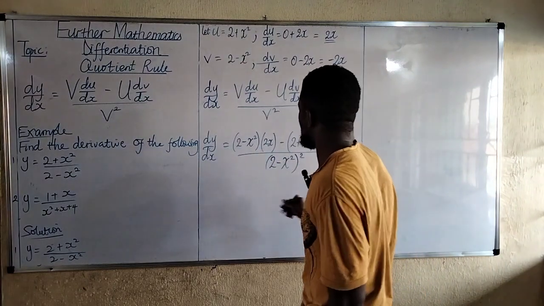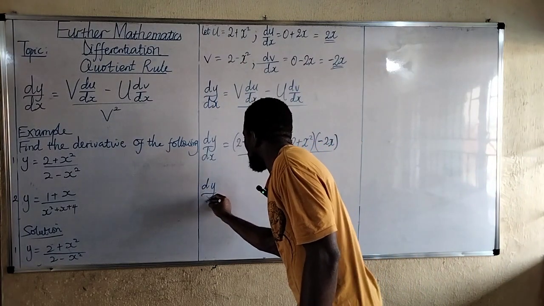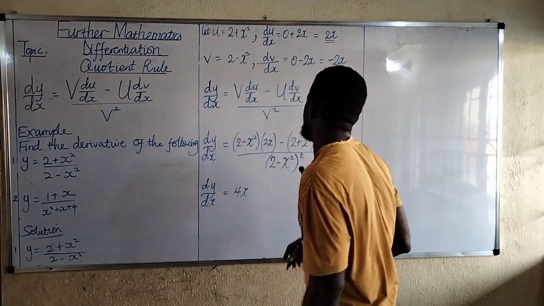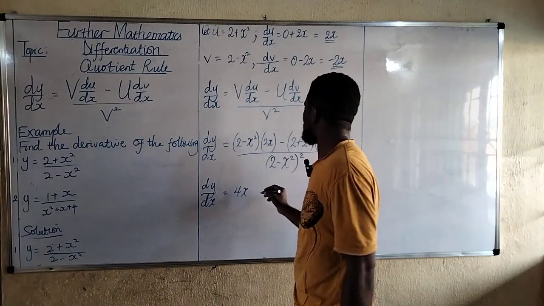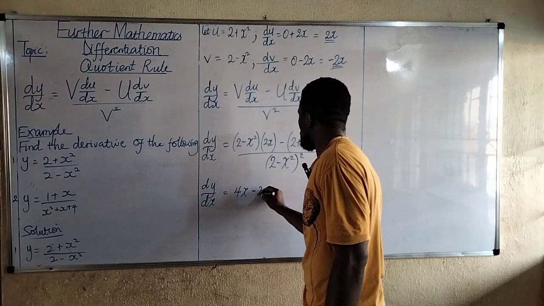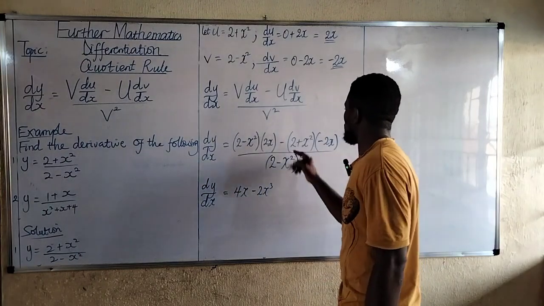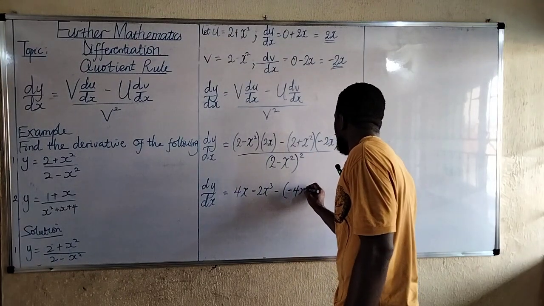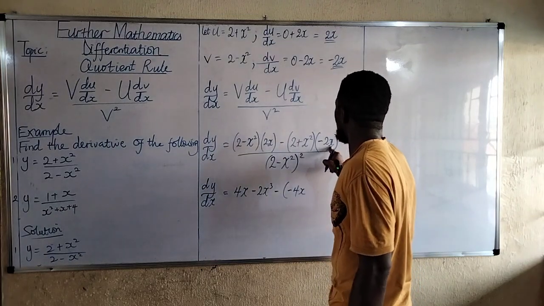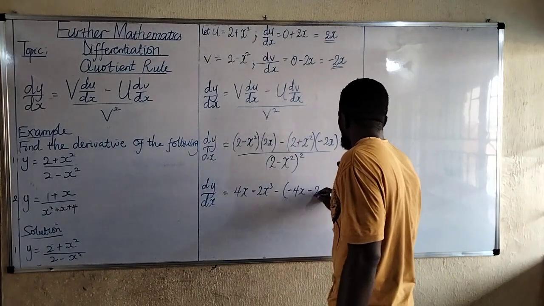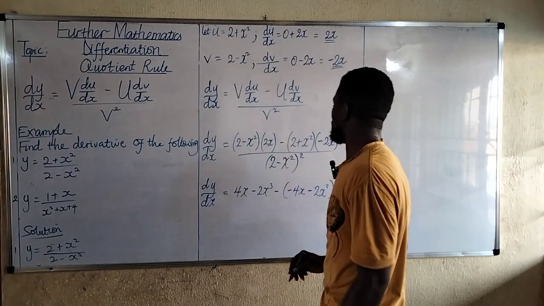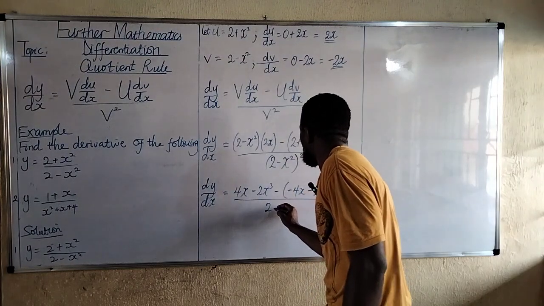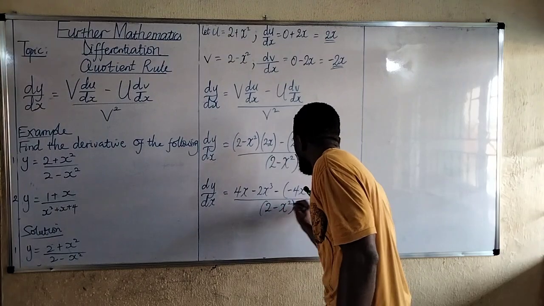Alright, let us expand. dy over dx will now be 2x times 2 will give us 4x. 2x times negative x squared will give us negative 2x cubed. Okay? Still leave this in brackets. Negative 2x times this will give us negative 4x. Okay? Negative 2x times this will give us negative 2x cubed. Bracket closes. All over, write down what we have as our denominator, which is 2 minus x squared, all squared.